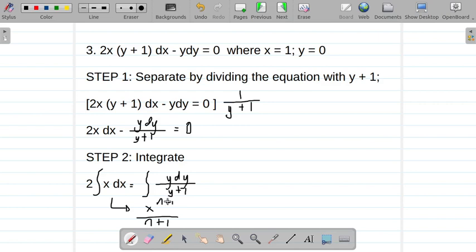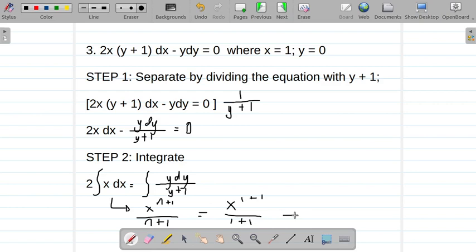So, the solution for the integral of x dx, where your exponent is 1, by default it is 1. So, x to the power of 1 plus 1, by the definition of the formula, over 1 plus 1.